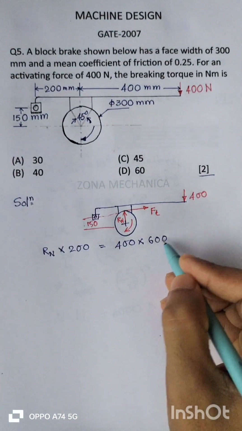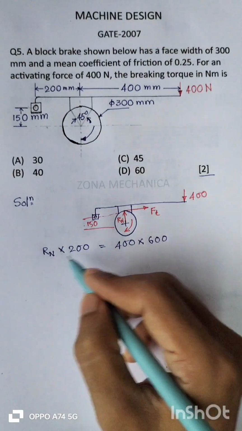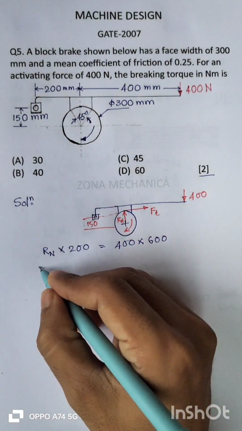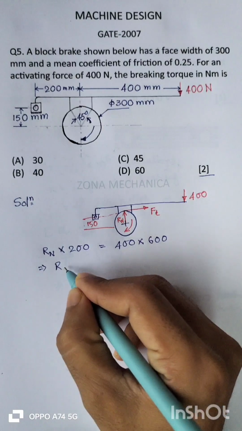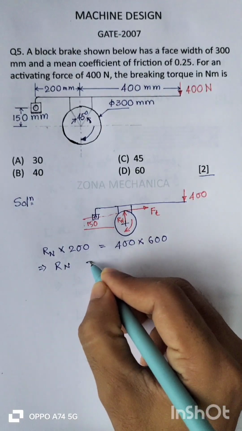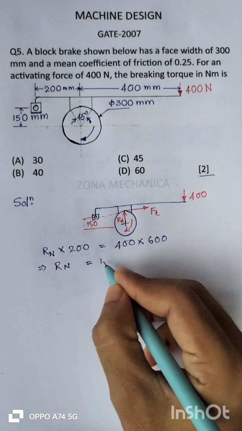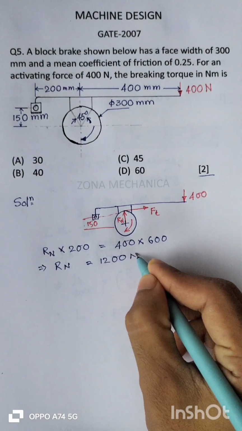This is in mm, this is in mm, and this 400 is in Newton, so Rn will come in Newton. So clearly from here, Rn is equal to 1200 Newton.